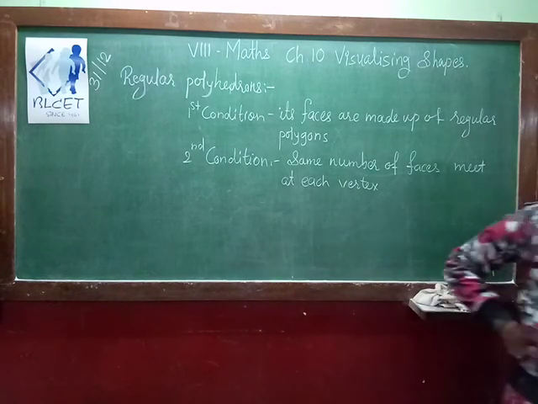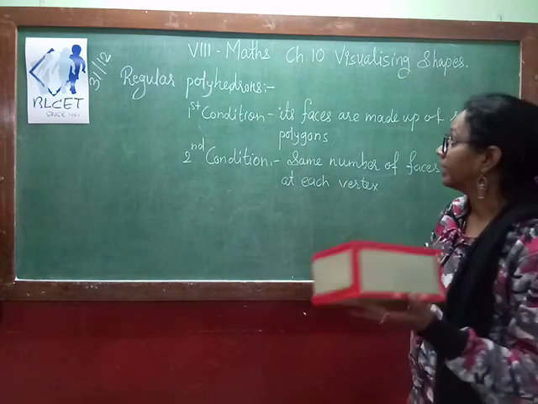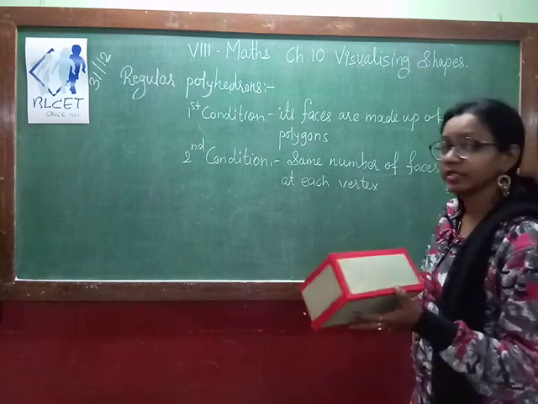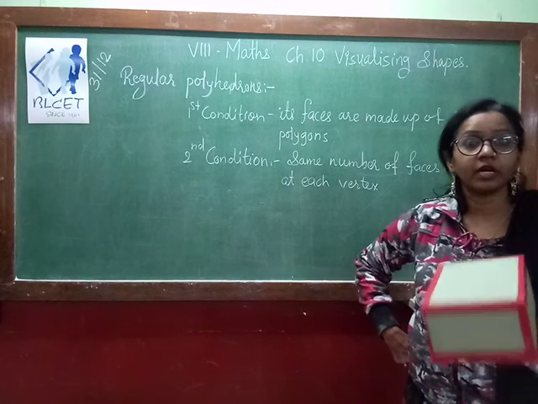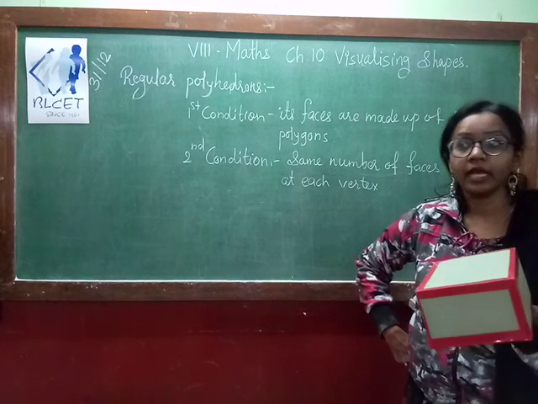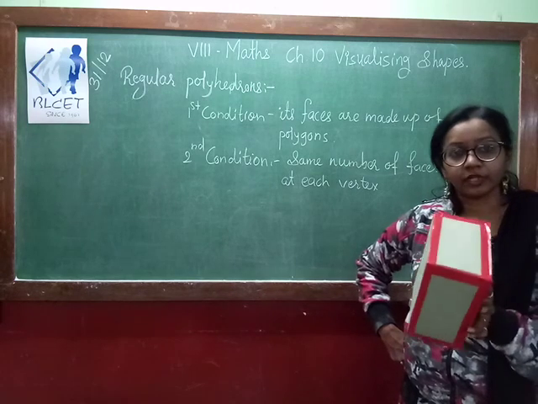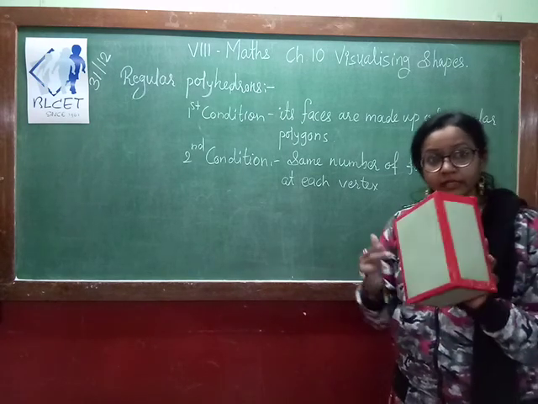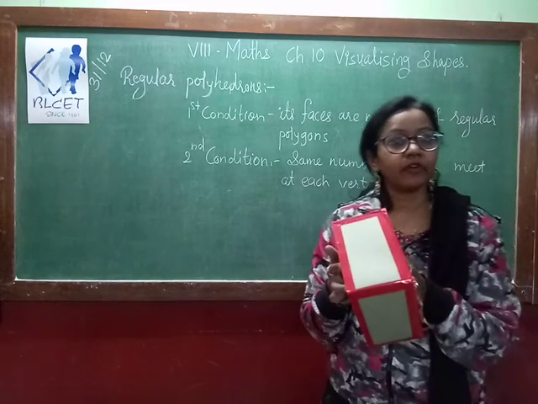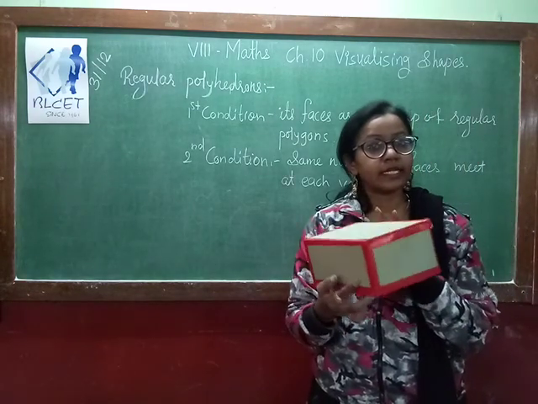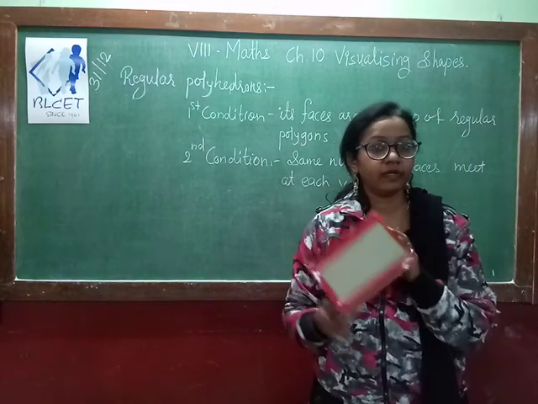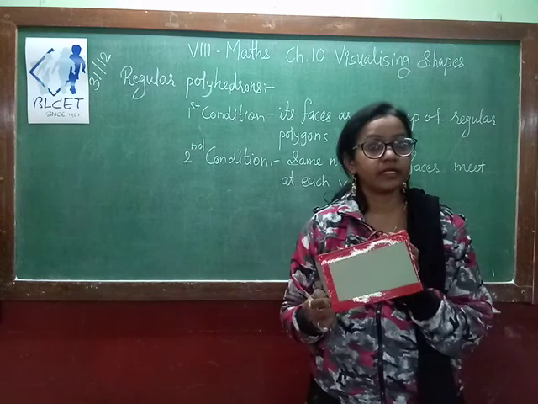Rectangle is not a regular polyhedron because the rectangle itself is not a regular polygon. If you consider a cuboid, this is made from rectangles, but if you consider each and every face shape, what can you say?